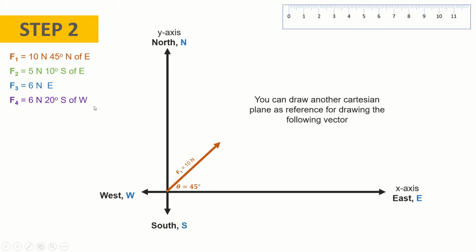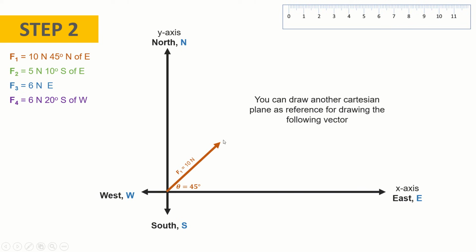To guide us in sketching our succeeding vector, since the first vector already exists at an angle, it would be difficult to just measure another force vector with an angle.